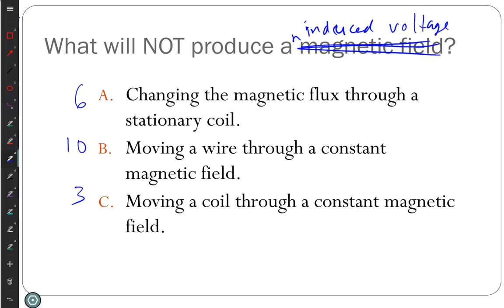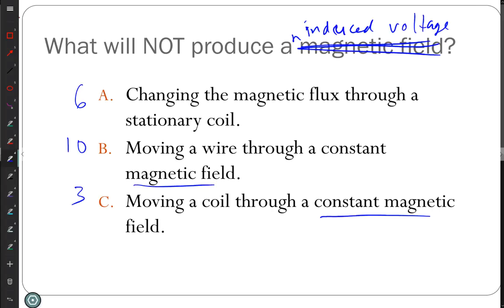Okay. Now, there are 2 here that have constant magnetic field, right? And if we look at these, the first one, changing the magnetic flux through a stationary coil. Is that going to do anything in the coil?